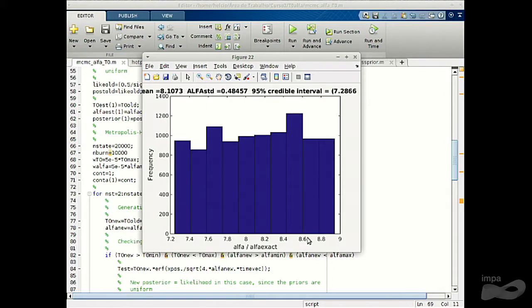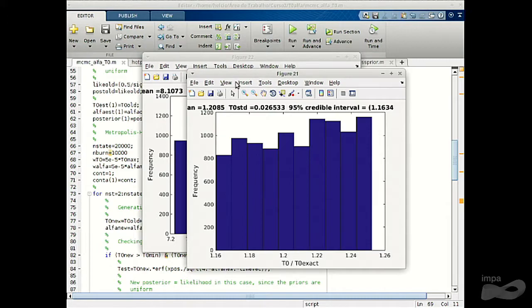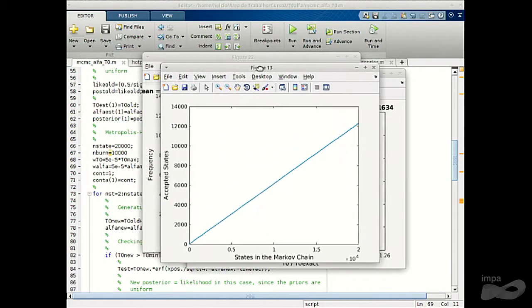And look, this is pretty much uniform, and we expected a Gaussian distribution since the posterior is Gaussian, right? We have a Gaussian likelihood and a uniform prior. More or less the same thing for T0. And the number of accepted states has increased.